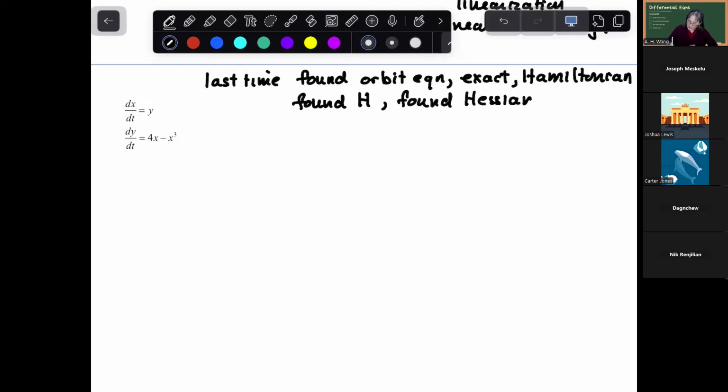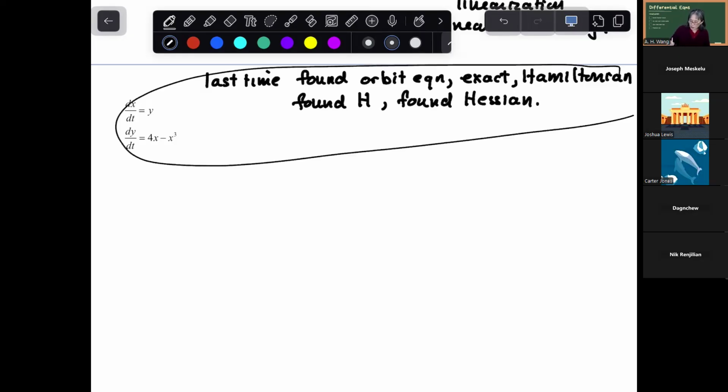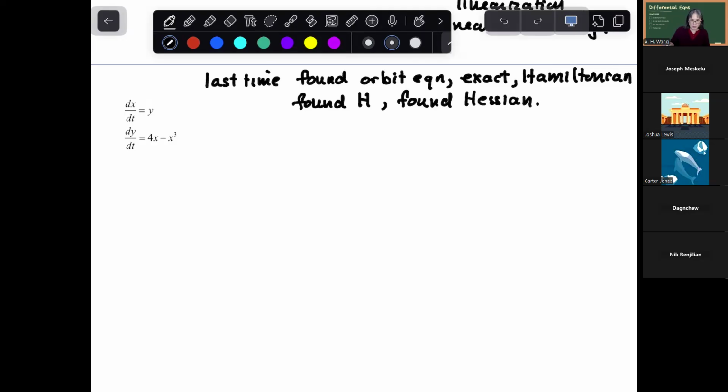This time, we're going to do it from the point of view of the Jacobian. With the Hessian approach you can only do saddles and centers. But if it's not a saddle or center, then obviously you want to do the Jacobian. The other thing about the Jacobian is it gives you more information.